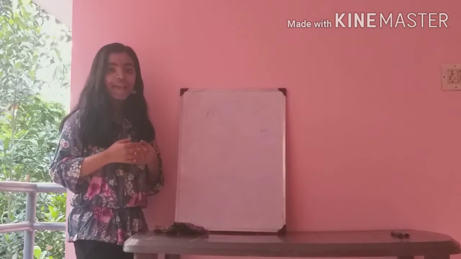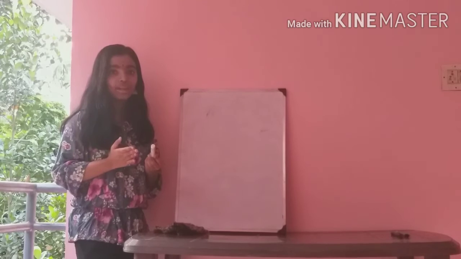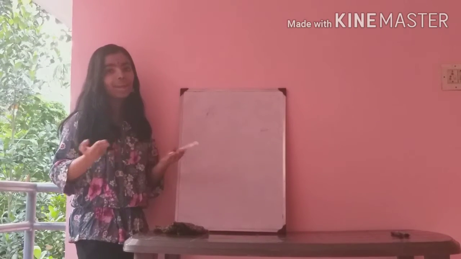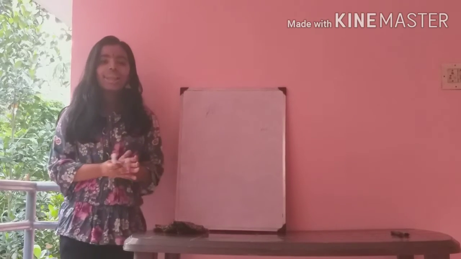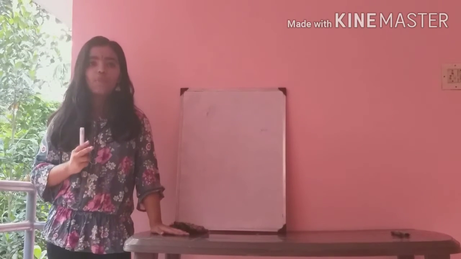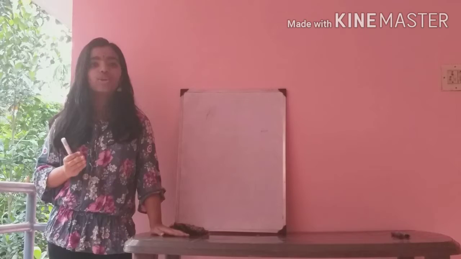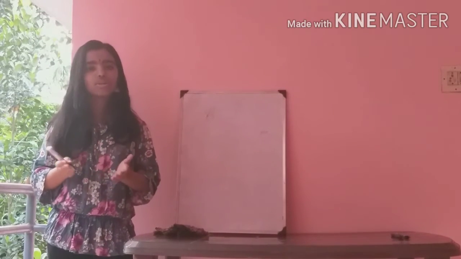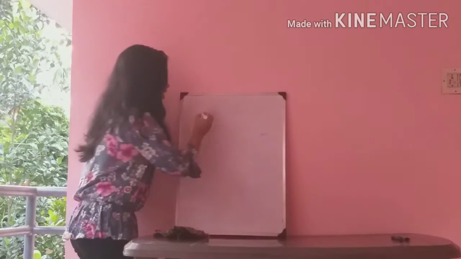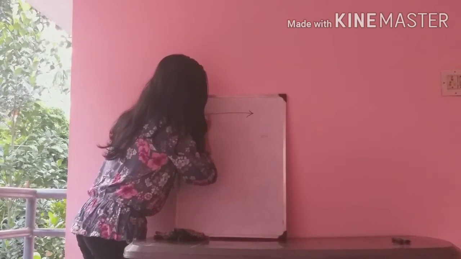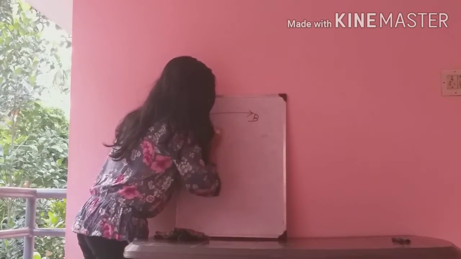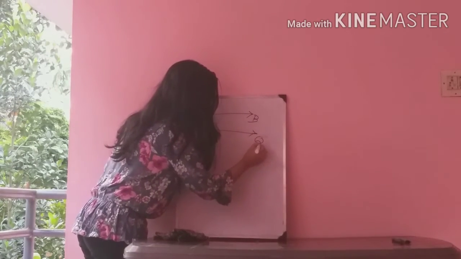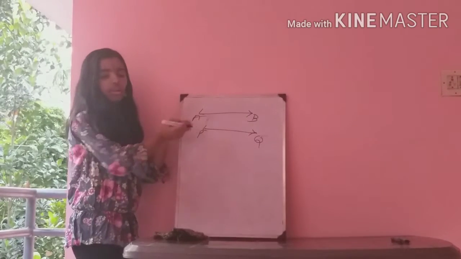That is, lines which lie on the same plane which do not intersect at any point are called parallel lines. A line and a plane or two planes in three-dimensional Euclidean space which do not share a common point are also said to be parallel. For example, line AB and line PQ are coplanar lines and they are also parallel.